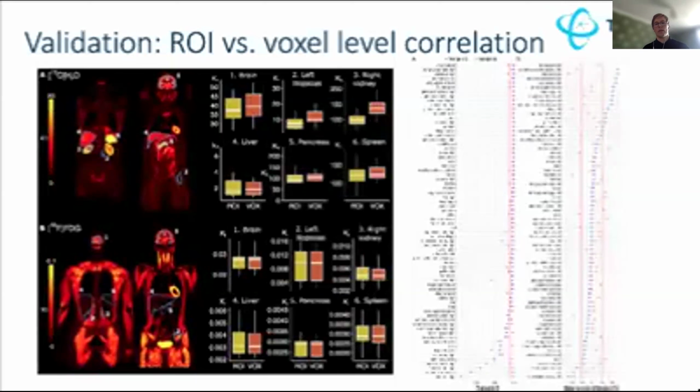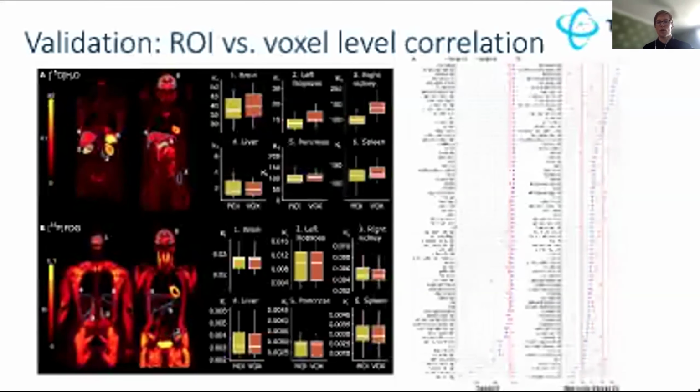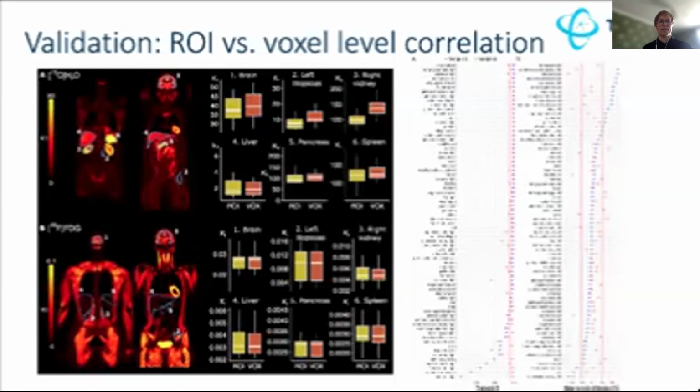And for this reason, the arterial volume fraction needs to be fixed in the voxel level estimation. And for instance, in kidneys and in heart myocardium, there's more bias as compared to the other regions, which have lower blood flow.